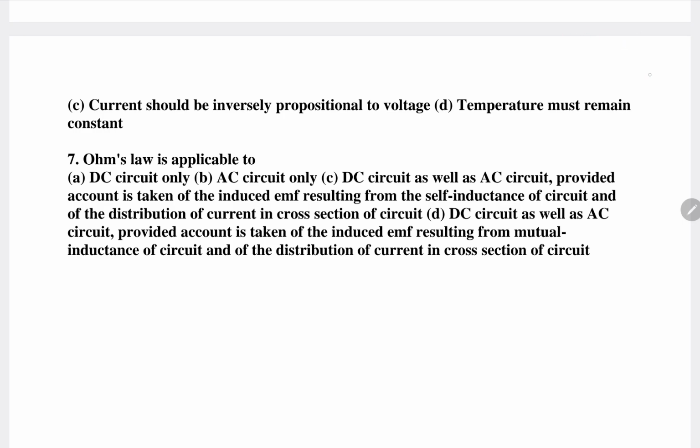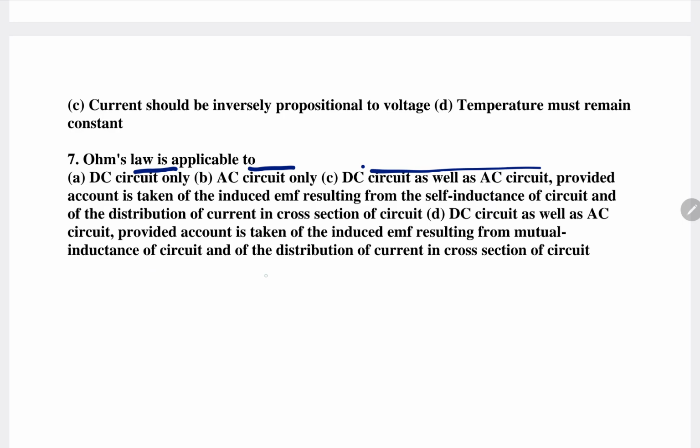Next, one more question about Ohm's law. Ohm's law is applicable to DC circuit only, AC circuit only, DC circuit as well as AC circuit provided account is taken of the induced EMF resulting from self-inductance and the distribution of current in the cross section of the circuit, or DC as well as AC circuit provided account is taken of the induced EMF resulting from mutual inductance.